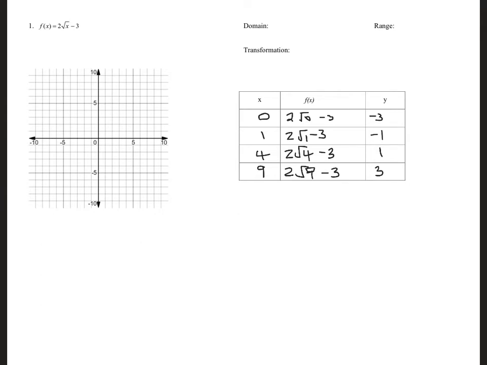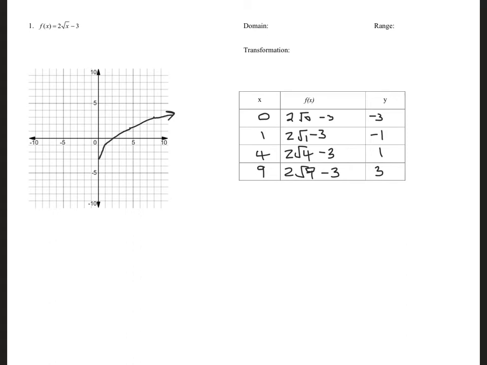And then the next thing is just to graph it. So 0 matches with negative 3. And then the next point is 1, negative 1. And then 4, 1. And then 9, 3. And then all we have to do is connect the points.